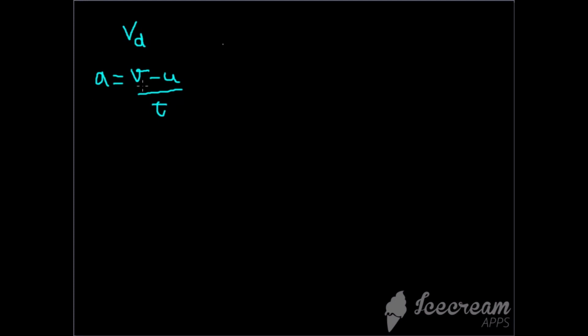So here this acceleration has the value a is equal to Vd divided by tau.